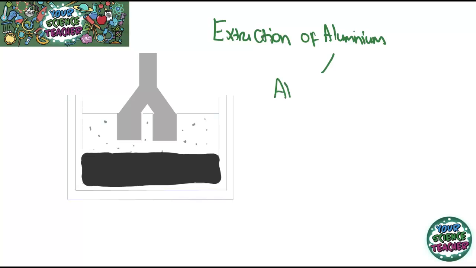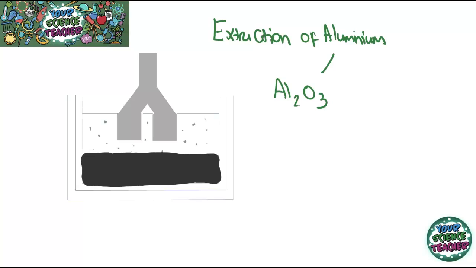Let's have a look at a practical application of electrolysis and where we actually use it. This is the extraction of aluminium, which is done on a huge scale with electrolysis. Now, the first thing to know is aluminium arrives in an ore mainly containing aluminium oxide.